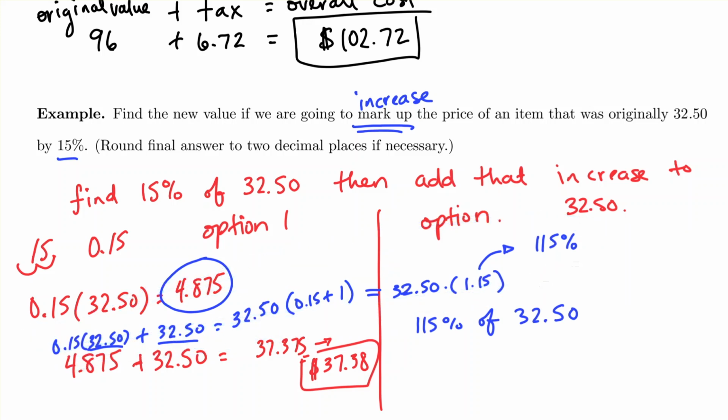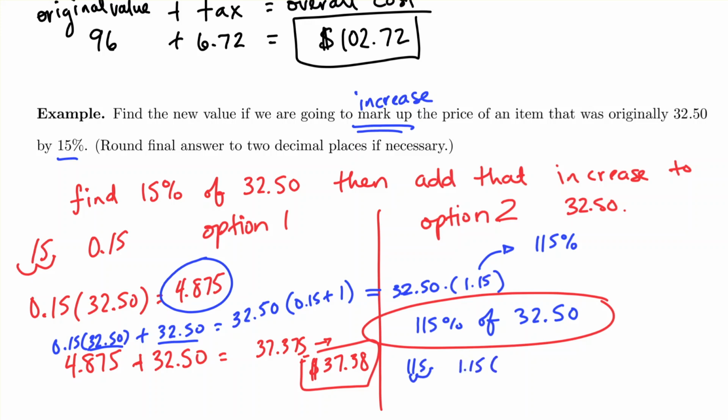If you're trying to do option 2, if you understand that idea, all you have to do is calculate this. Anytime you're trying to find a new increased value, you just do 100 plus the increase. So 100 plus a 15% increase is 115%. I just need to find 115% of 32.50. To find 115% of 32.50, you move the decimal 2 places, so that is 1.15 as a decimal.